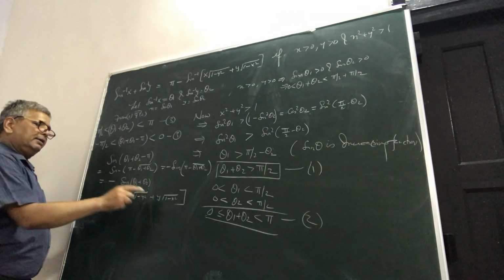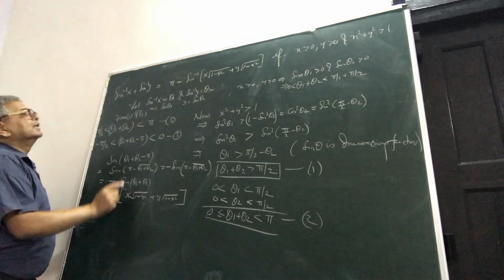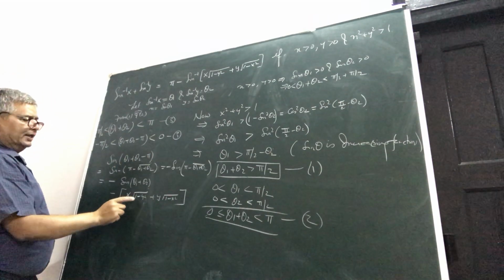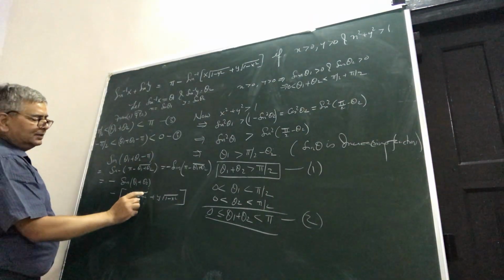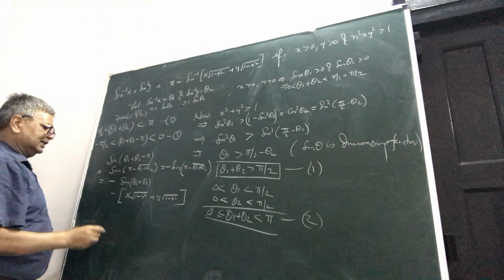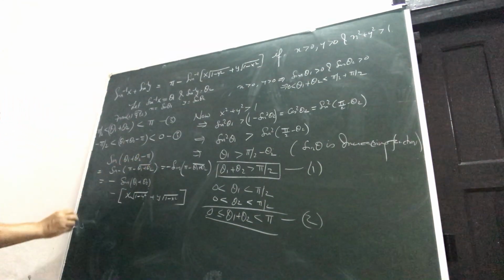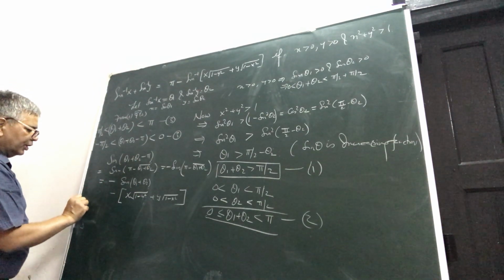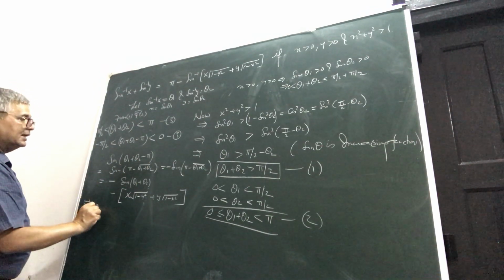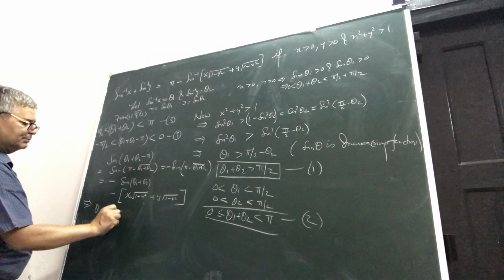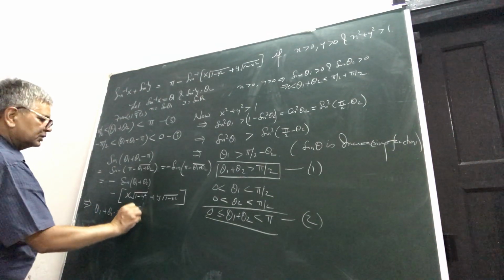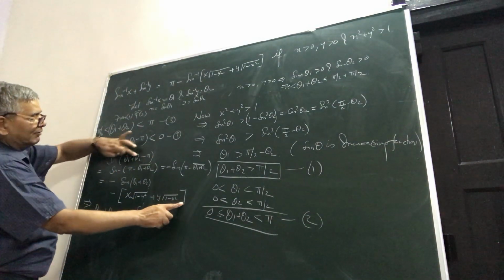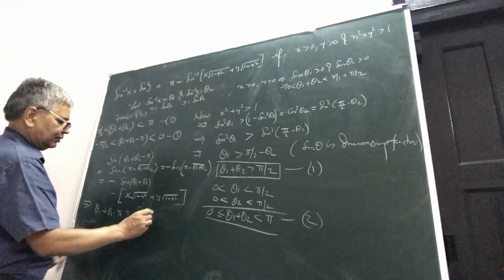You expand sin theta 1 cos theta 2 because sin theta 1 is x and sin theta 2 is y, so cos theta 2 will be root 1 minus y square, and similarly the other term. So sin(theta 1 plus theta 2 minus pi) is equal to this thing. This implies theta 1 plus theta 2 minus pi is equal to sine inverse of this thing.